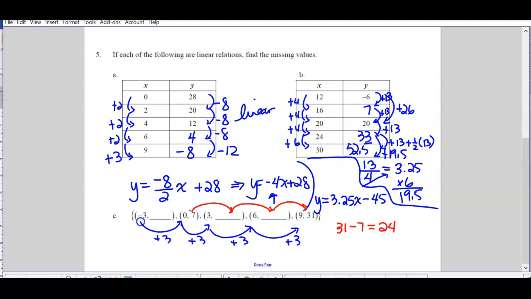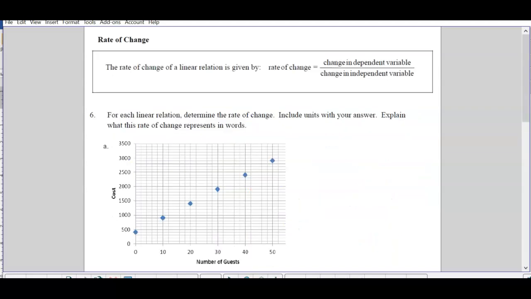So going from here to here is 24, but we have to do it in 3 equal steps. So divide by 3 equals 8. So that's going to be 15 plus 8 is 23, plus 8 is 31. And that's your values. Okay. Let's look at the next.